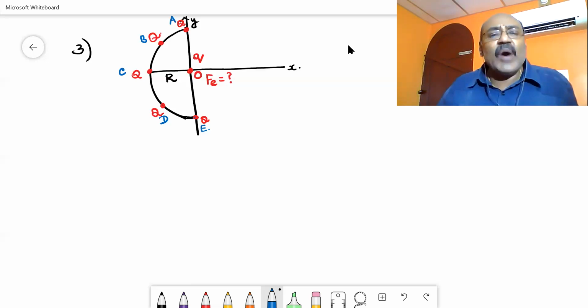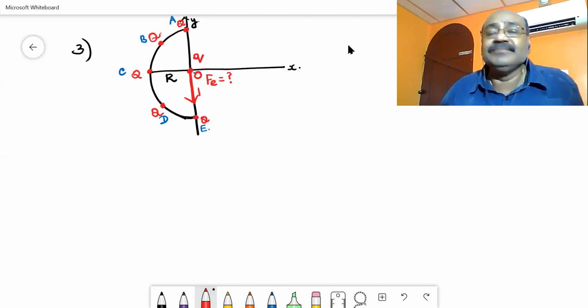Here this Q and this q are of the same nature. So the force between these two acts along the line joining the charges capital Q and small q, and it is acting away from the charge. Let us consider that force as F1.